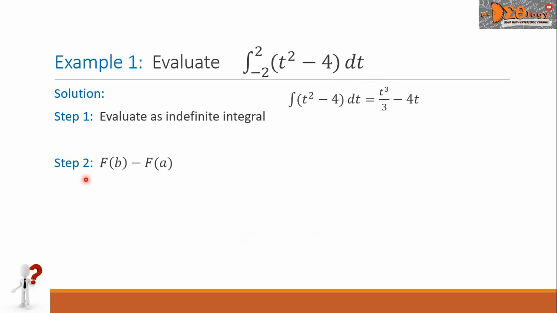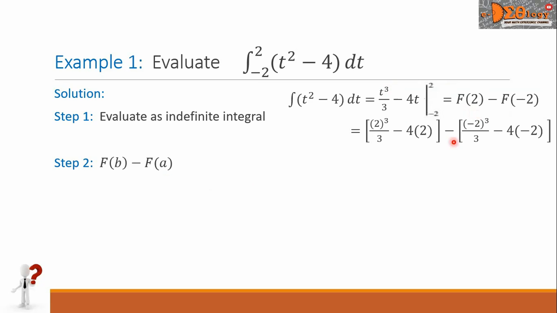Now step 2, we will evaluate the resulting function using the limits of integration. So we use negative 2 and 2. In most calculus books, you will see this notation. And this is the same as F of 2 minus F of negative 2.